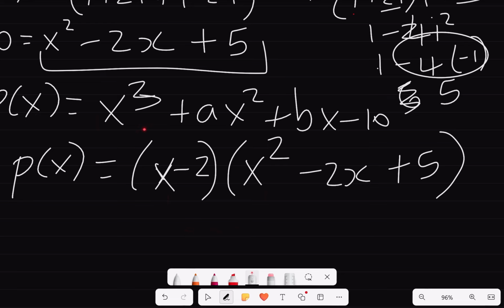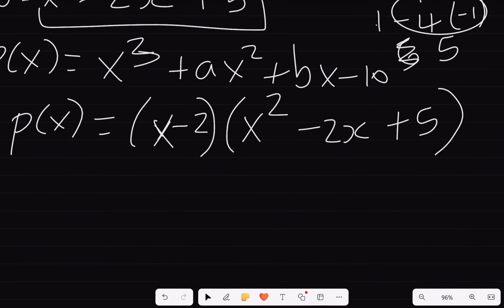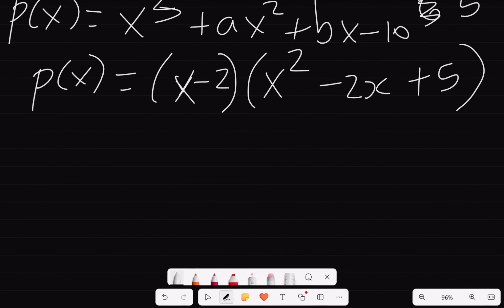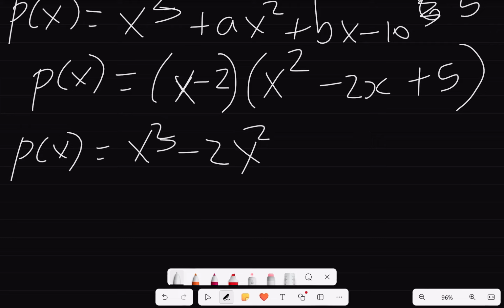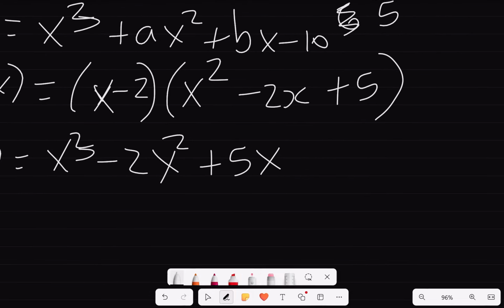Now we can FOIL and see what this is in standard form. So p of x equals, the x will multiply all these terms here. So it's going to be x cubed minus 2x squared plus 5x. Then we need to do the same with minus 2.